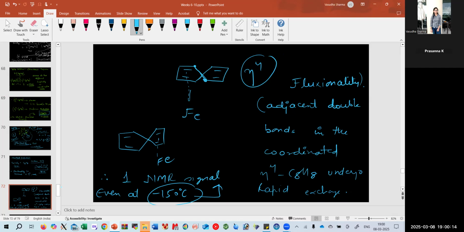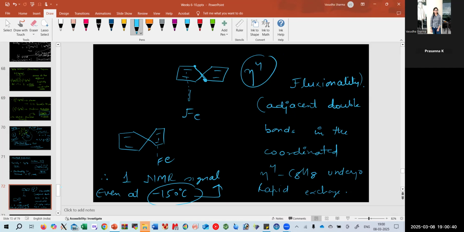So you can imagine that fluxionality is happening at such a faster rate that even at lower temperature as minus 150 degrees, we're not talking about minus 10, minus 50, we're talking about minus 150 degrees. At that temperature also, it is not able to differentiate between 4 different centers from the ones which are coordinated with metal, because there is such a rapid exchange.